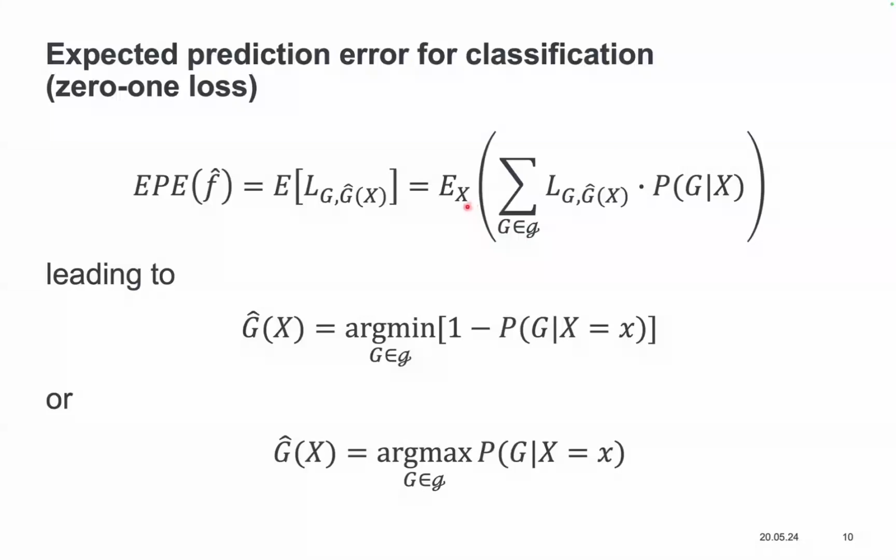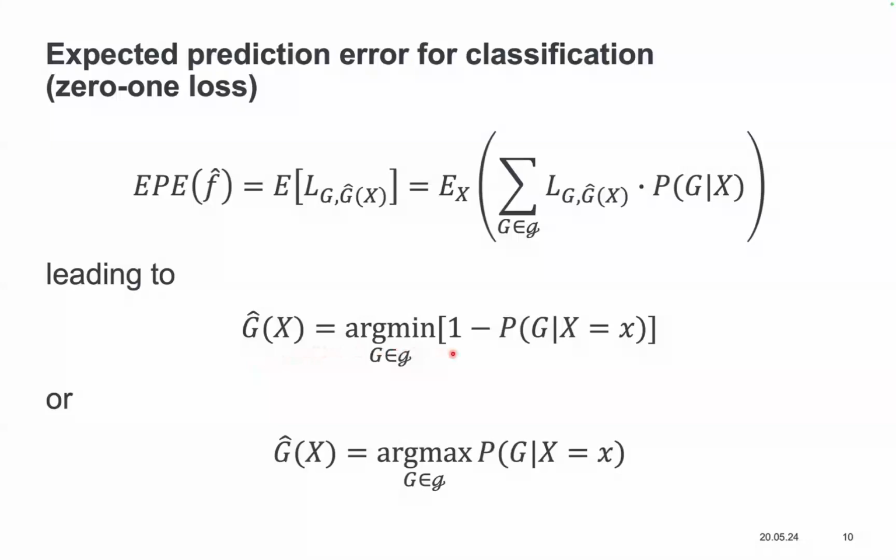Now, what we want to do is minimize the prediction error. And that, of course, means we want to produce a classification such that our prediction becomes the one that minimizes this error.